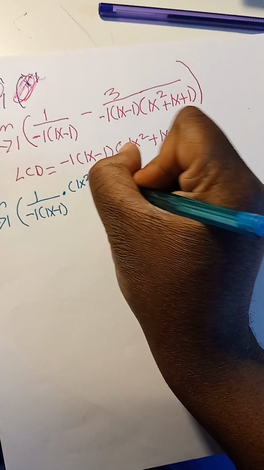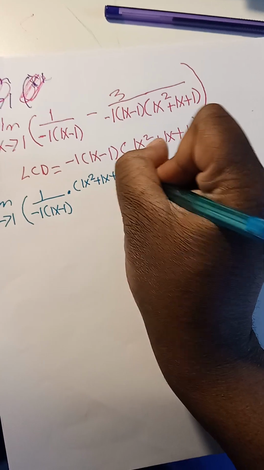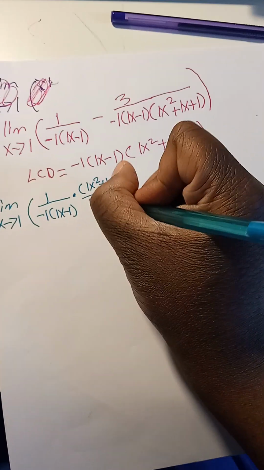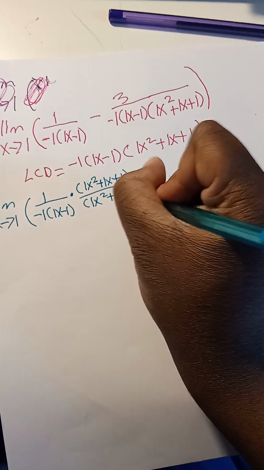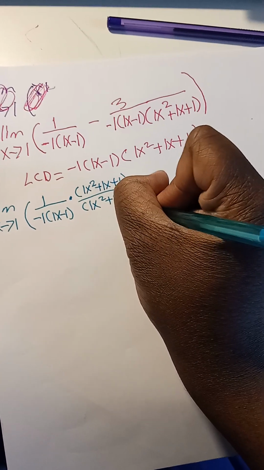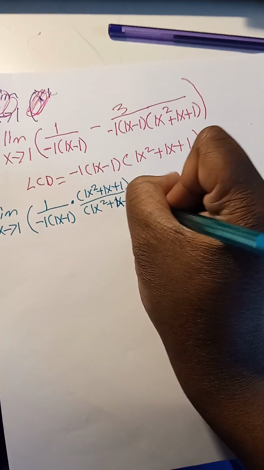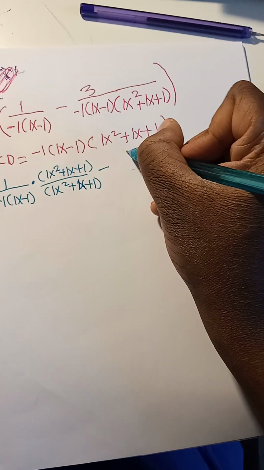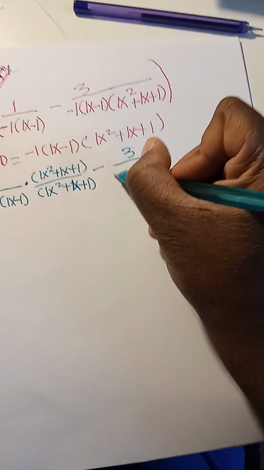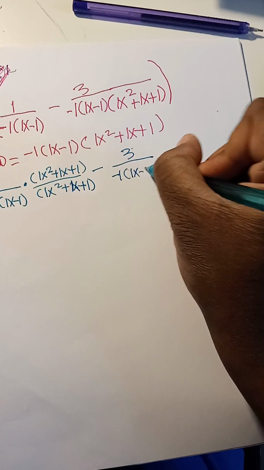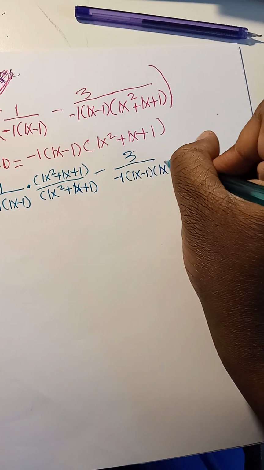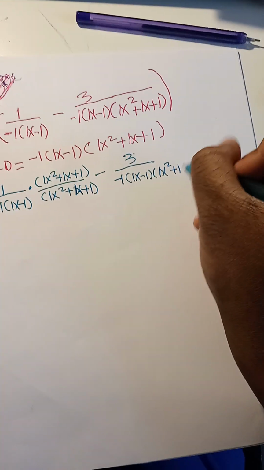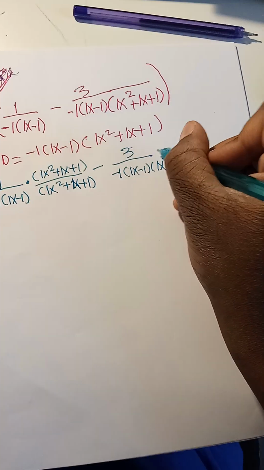So 1x squared plus 1x plus 1 divided by 1x squared plus 1x plus 1 to get a common denominator, minus 3 divided by -1 times 1x minus 1 times 1x squared plus 1x plus 1.